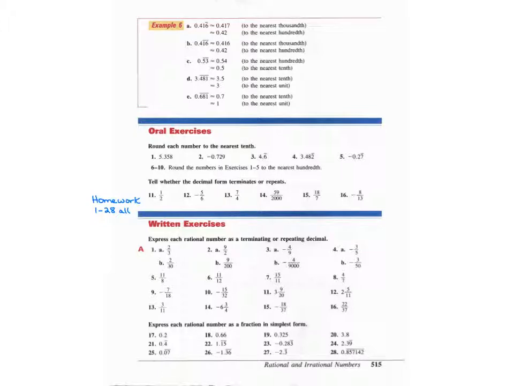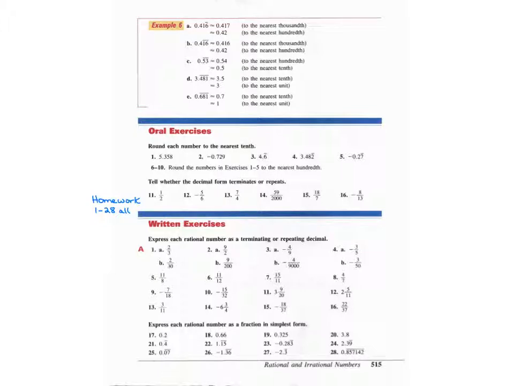So again, all you're going to be doing here is a lot of division problems. So here it says, express each rational number as a terminating or a repeating decimal. When you're writing your answers for the repeating, use the bar notation.